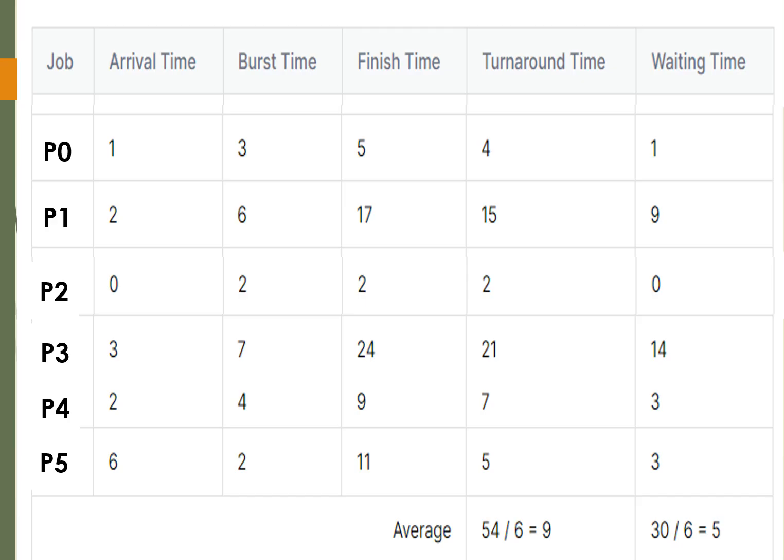Then coming to the formulation. As per the given input data, we write the arrival time and burst time, and we calculate the completion time, turnaround time, and waiting time, as we have formulas. The turnaround time formula is completion time minus arrival time.